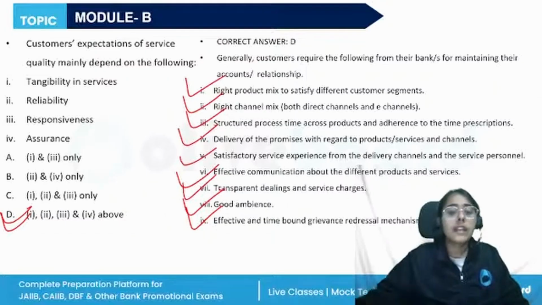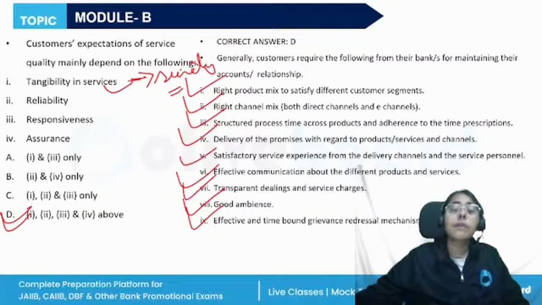So, tangibility in services means there should be surety. For example, if a customer is coming to get a savings bank account opened, along with the savings bank account, passbook will be given or a debit card can be given. It will provide tangibility. Reliability means that the customer can rely on the bank.